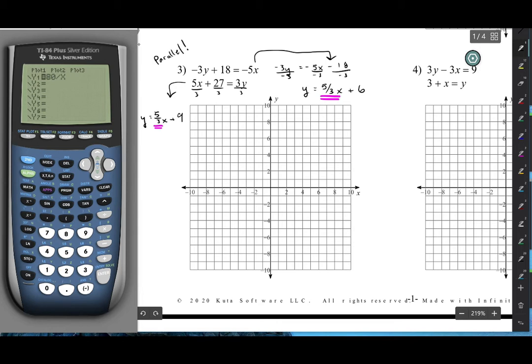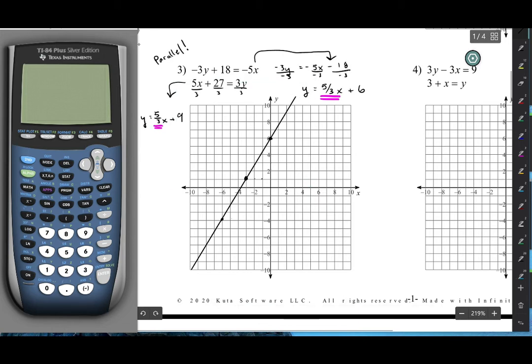So let's just notice what that means as far as solutions here. Still want to graph them. 5/3 x plus 6. And we go up 5. Whoop, we're running out of space, so we'll go down 5. And to the left 3. And 1, 2, 3, 4, 5. Okay, and we'll connect those the best you can.